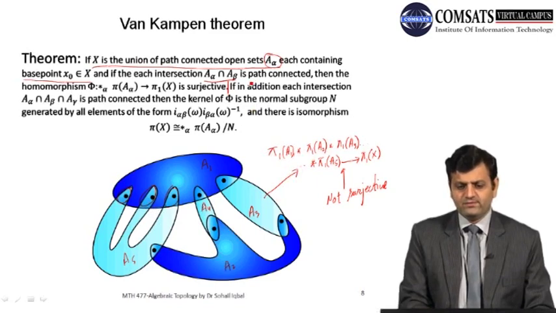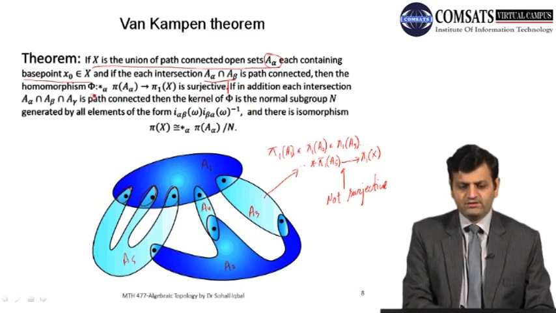But if the intersection is always path connected, then this map is surjective.